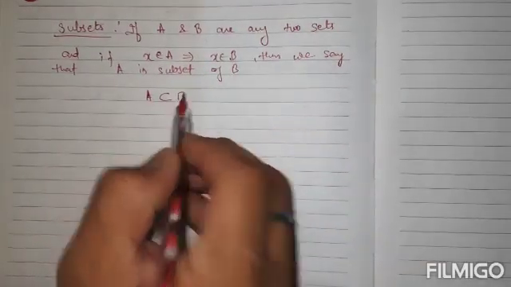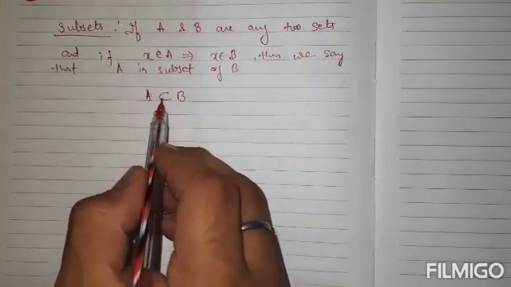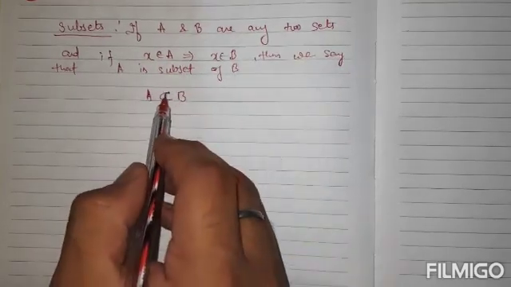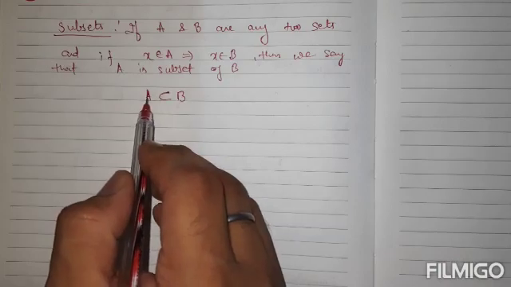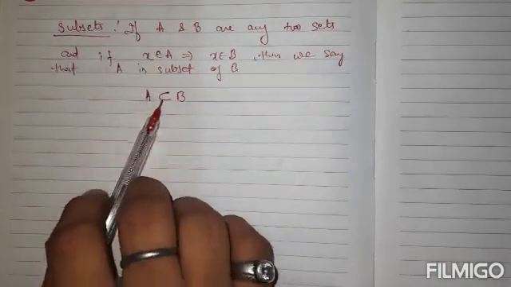This is the symbol for subset. We have to read it as subset only. This is also another symbol used for denoting subset. We will read it as A is a subset of B.